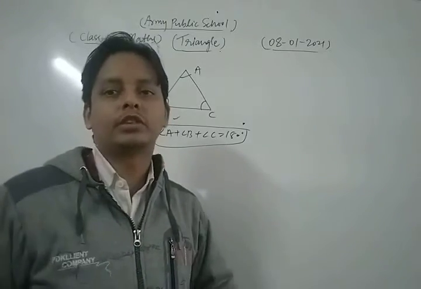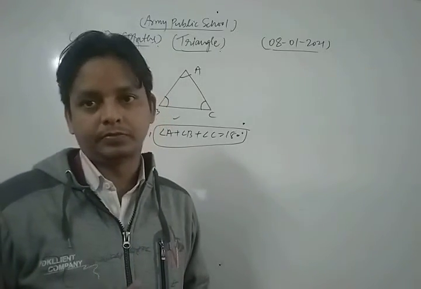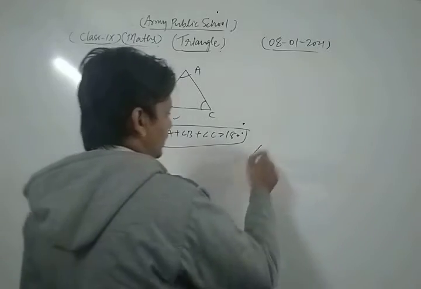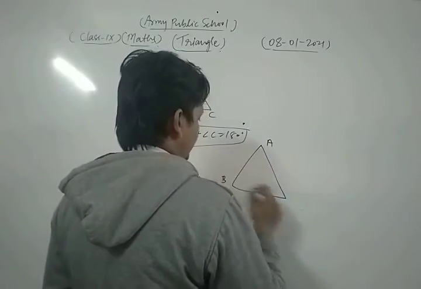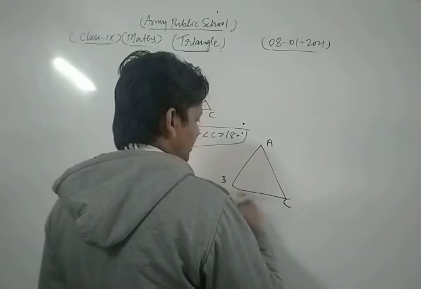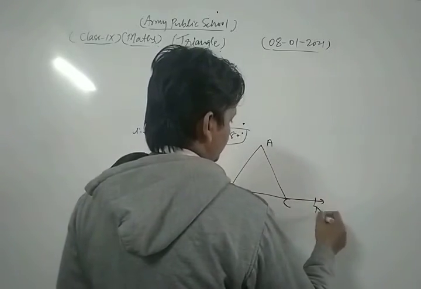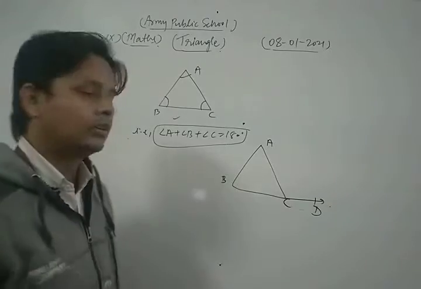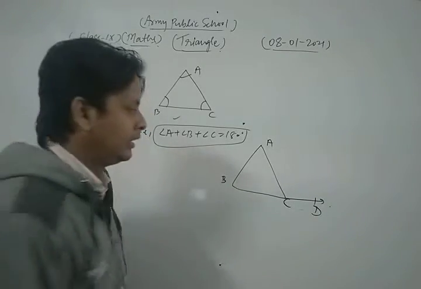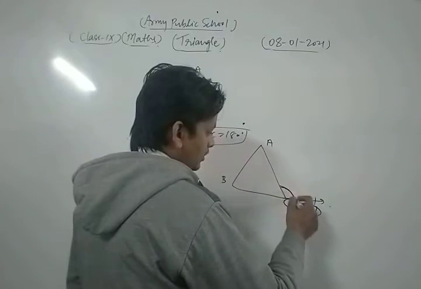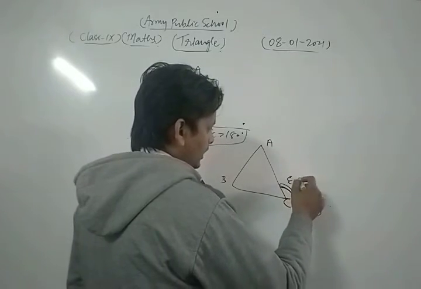One of the most important properties related to the triangle is this: if one side of a triangle is produced. Suppose we have a triangle ABC and one of its sides BC is produced to D, then it forms the exterior angle.